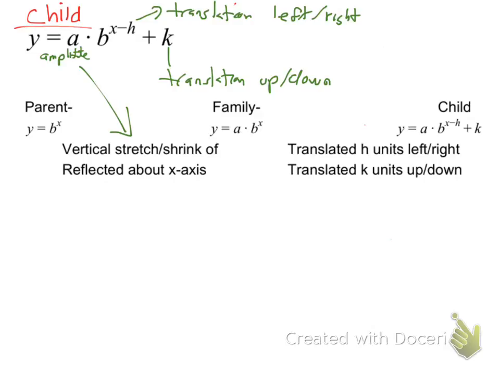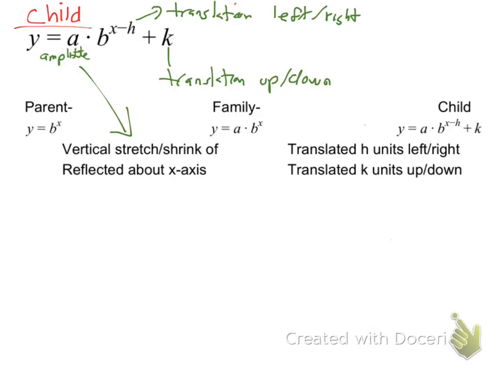Now there is one more thing we have to worry about with my left-to-right movement. Notice that in the equation it says x minus h. If h is positive, it's going to the right. If it's negative, it goes to the left. But it's not what you're thinking as it looks there.